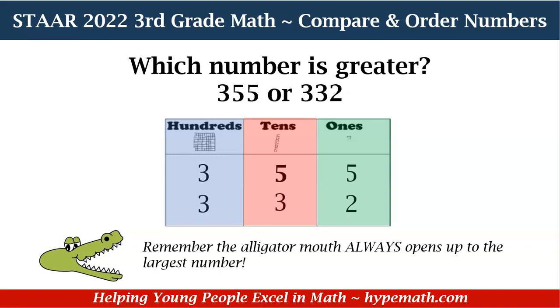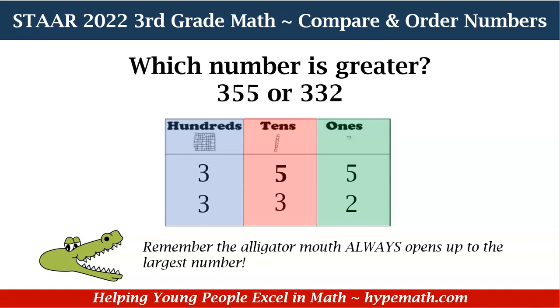So what do we say our next step is? We are going to move to the next place value, which is the tens, because right now, just looking at the hundreds place, we're not sure of which number is greater because both numbers have a 3. But moving to the tens place, we see that there is a 5 in the tens place for 355, and there is a 3 in the tens place, my apologies, for 332.